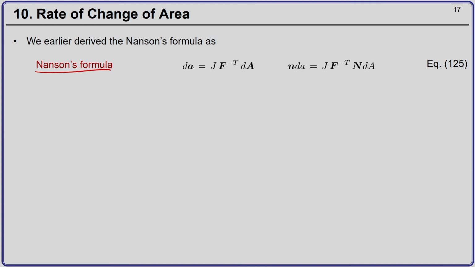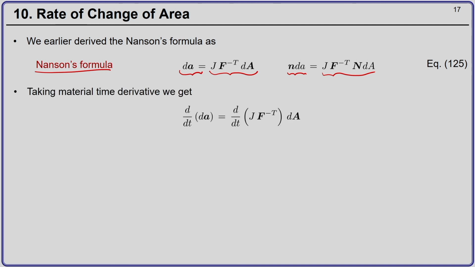We know from Nanson's formula that the spatial area vector n dA is J F inverse transpose times the material area element N dA, capital A. If I take the material time derivative on both sides, I can write d by dt of n dA equal to d by dt of J F inverse transpose N dA.